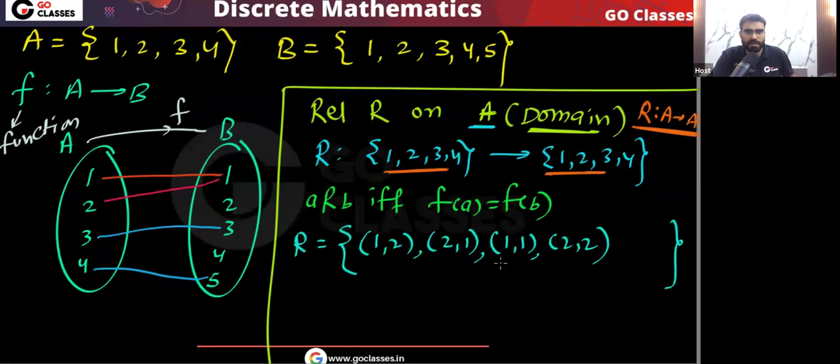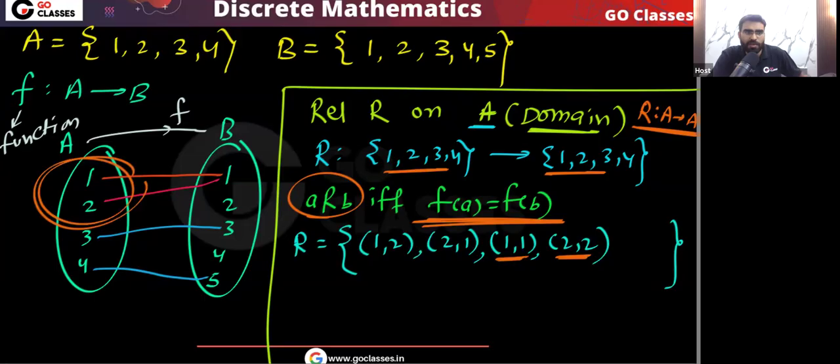Because remember, 1 is related to 1. Remember, a is related to b if a and b have same image. So you can see 1 will be related to 1, 2 will be related to 2. You can also see 1 will be related to 2 because they have same image, and 2 will be related to 1 because they have same image.